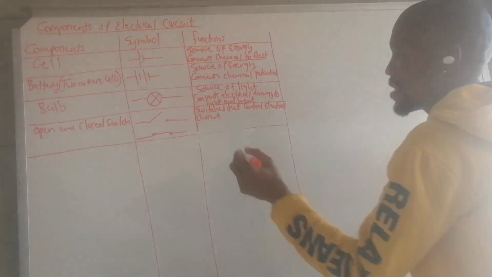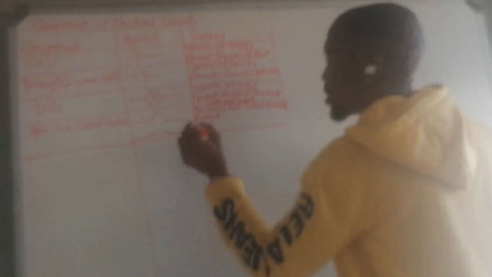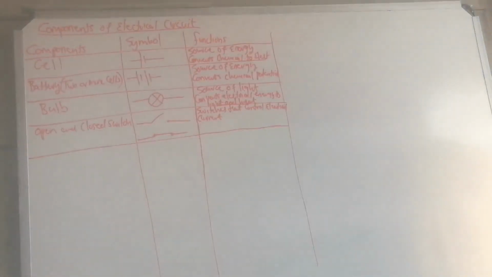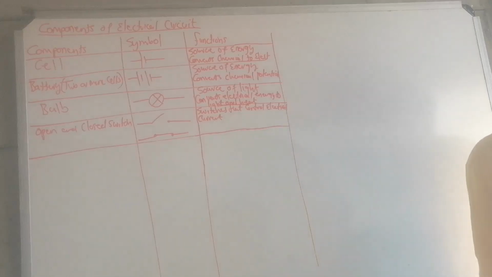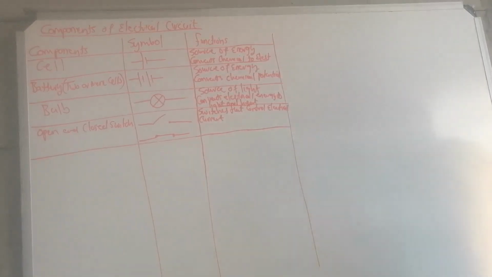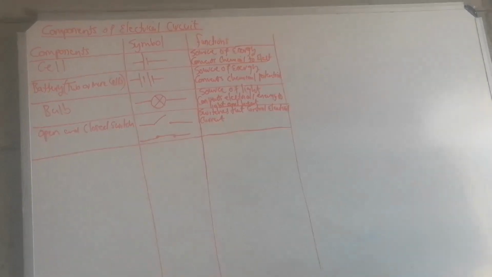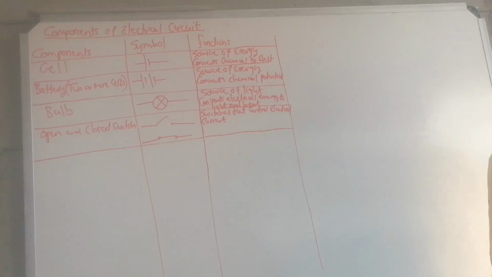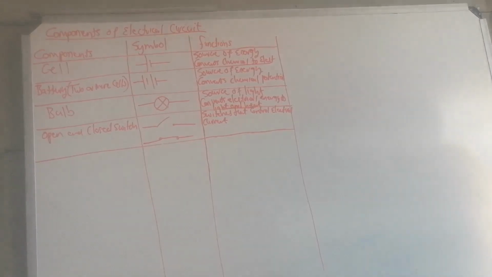When the switch is open, the circuit is broken, therefore there will be no movement from a point of high potential to a point of low potential, so there will be no energy dissipated in the external circuit.